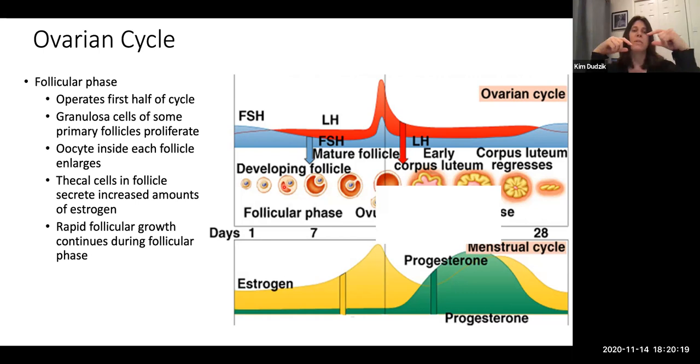That's because some of those cells are faster at inserting the receptors. So 1 ends up being the most sensitive to follicle stimulating hormone. And that's the one that continues on to become the mature follicle. Okay, and so you can see that because only 1 is becoming mature, then it's getting bigger.